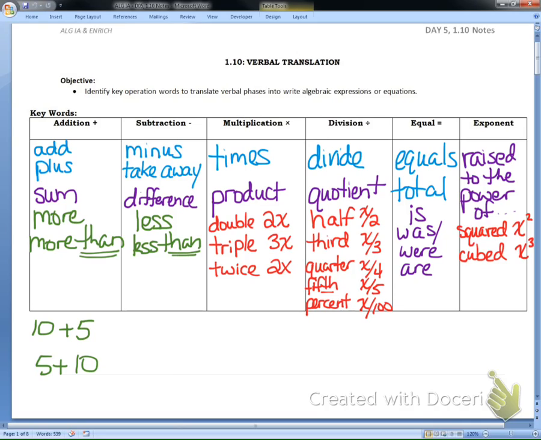Less and less than. So let me give you examples of less and less than. If I told you that I went to Kroger and they had soup on sale for $2 less than what they had it at Marsh at $4, you would write the expression 4 minus 2. It's 2 less.